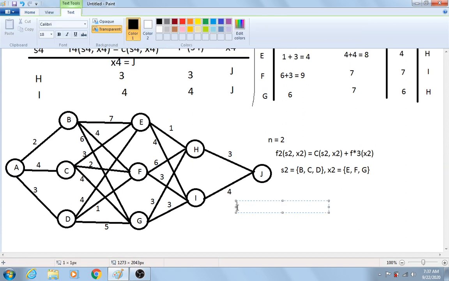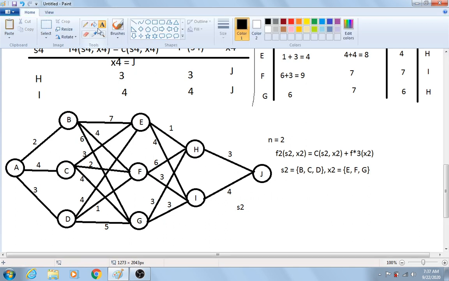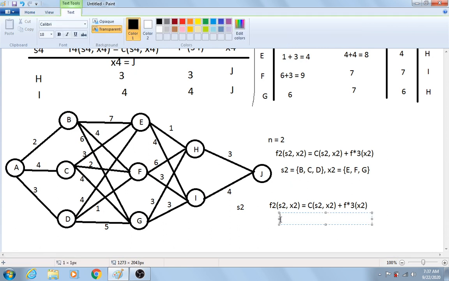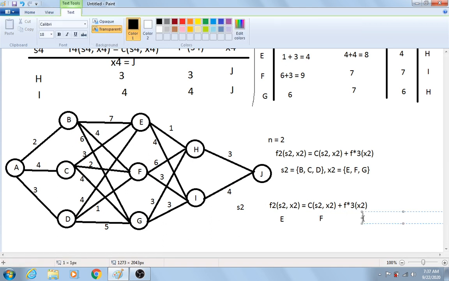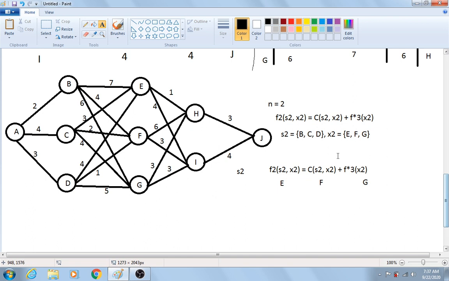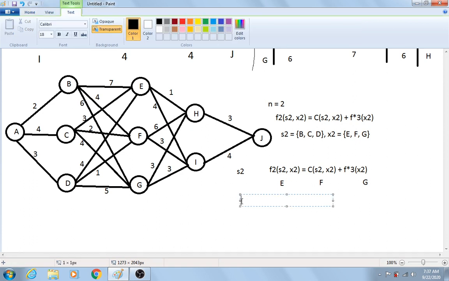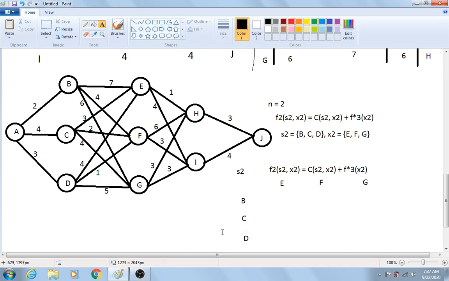I think we will have here s2, and then we need this function, and then our decision variable is E, F, and G. So we will have E, F, and G, and then our state will be B, C, and D, right?